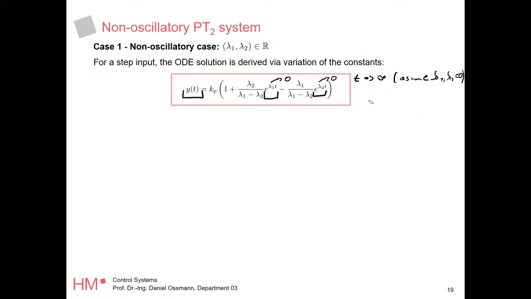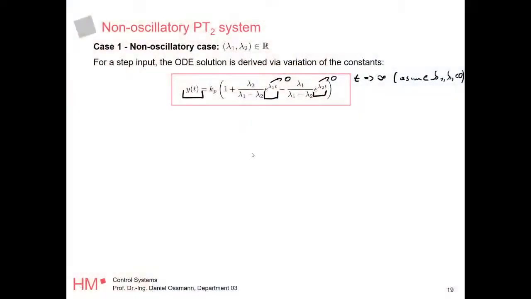What it physically means, when we go back from this abstraction and think about a physical system, is that we have an input, we feed it through the first PT1 system, it's going to get delayed, and this delayed signal we feed through another PT1 system, and it's again going to be lagged.